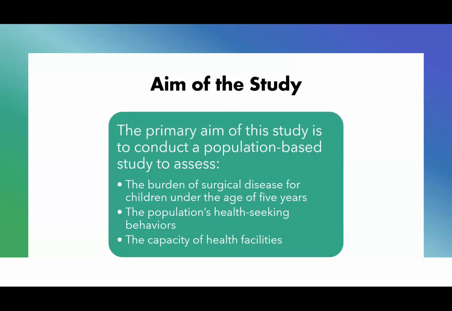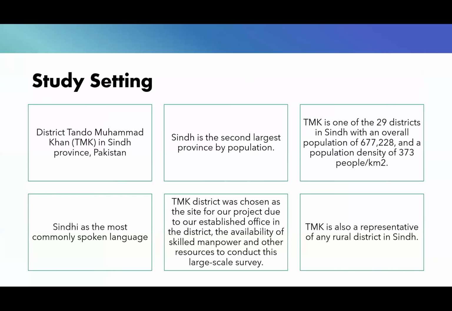So the primary aim of this study was to conduct a population-based study to assess the burden of surgical diseases for the children under the age of 5 years, the population's health-seeking behaviors, and the capacity of health facilities.